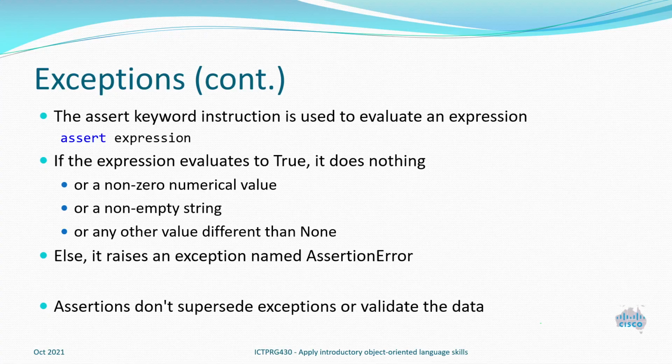So what is true? General evaluation conditions apply, but a non-zero numeric value is also considered true. A string that has a value in it is also true. Any other value that is not None is considered true.